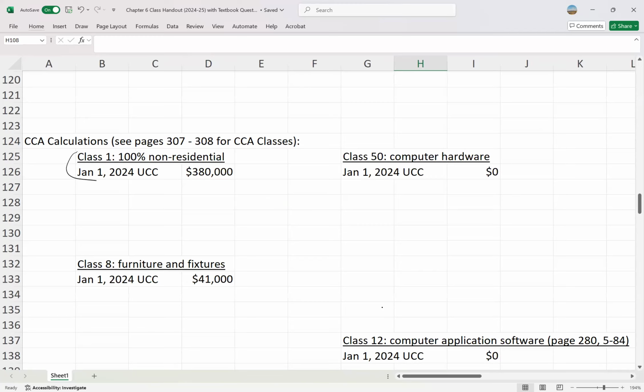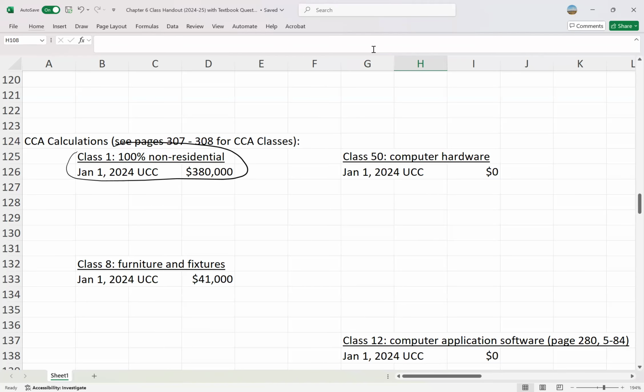This is the class 1 building that he bought 4 years ago. He's taken CCA on it over the last 4 years. We're at the beginning of 2024, and the balance is 380,000.